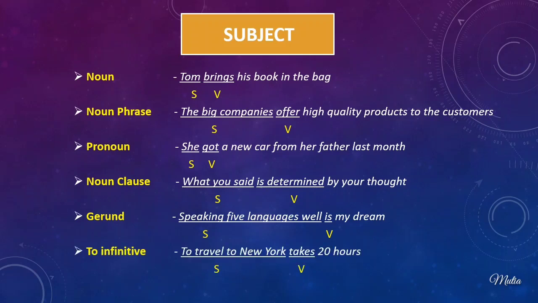The last one is to infinitive. For example, to travel to New York takes 20 hours. In this sentence, the subject is in the form of to infinitive, to plus verb 1, to travel. And then the verb is takes.